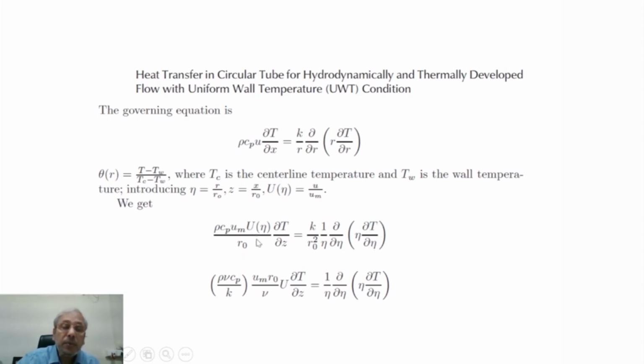Here we do some regrouping. We bring in nu and then divide by nu. The purpose is from this group we are trying to get nu by alpha. K by rho Cp will give alpha, nu by alpha will give Prandtl number. And in this group we multiply with 2 and divide with 2. So Um twice R naught, which is diameter, R naught is the radius of the pipe, divided by nu, that will give us Reynolds number.